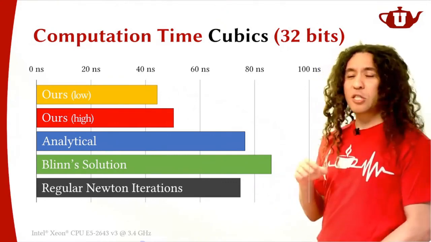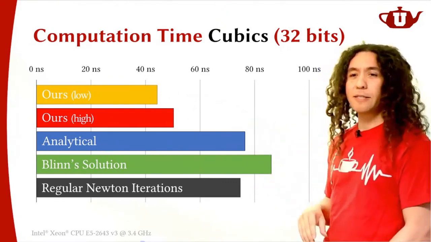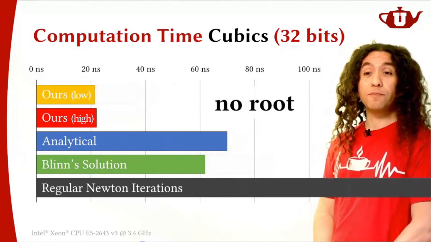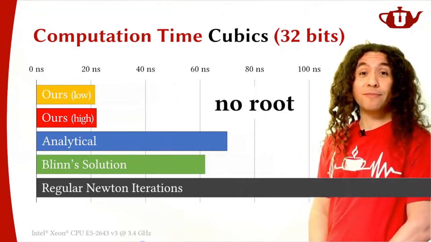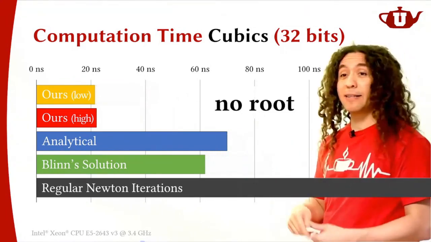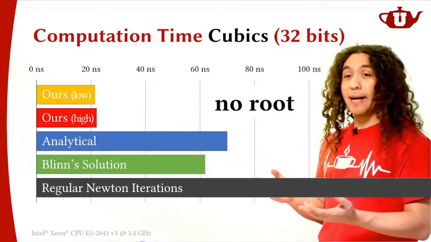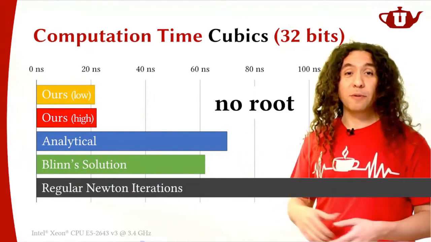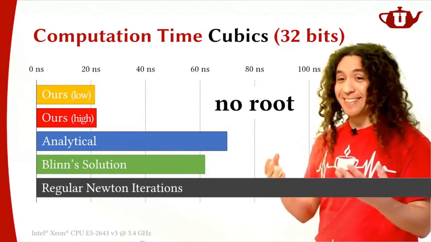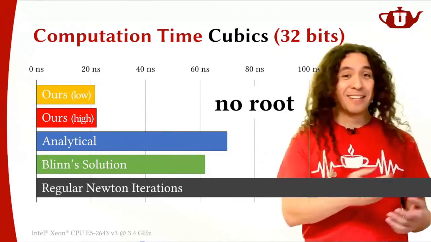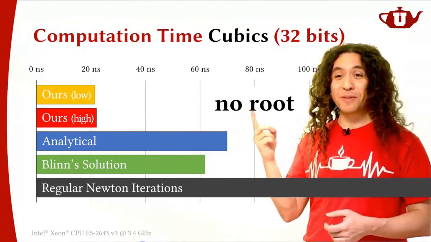The problem with blindly applying Newton iterations is that when there's no root, you don't know. You need to iterate, and the iteration never converges, it bounces back and forth. At some point, you give up when you reach the maximum number of iterations. So you need to do a lot of computation to figure out that you don't have a root.